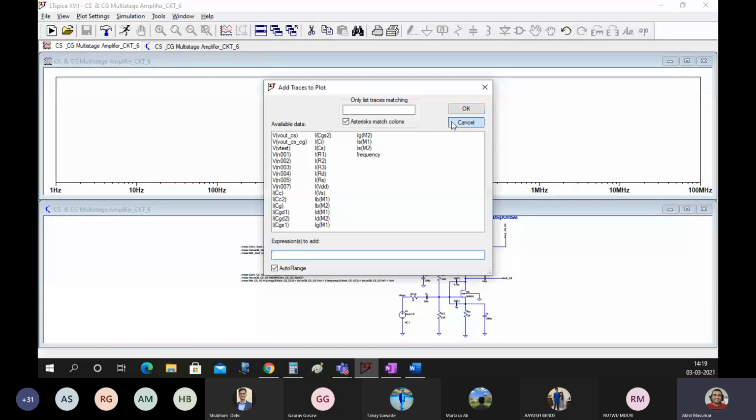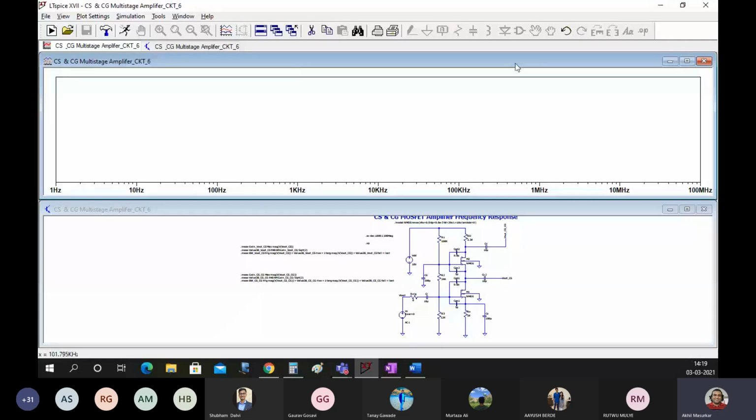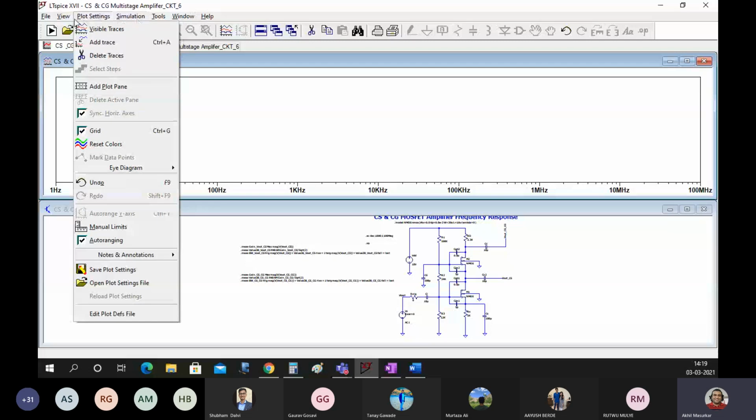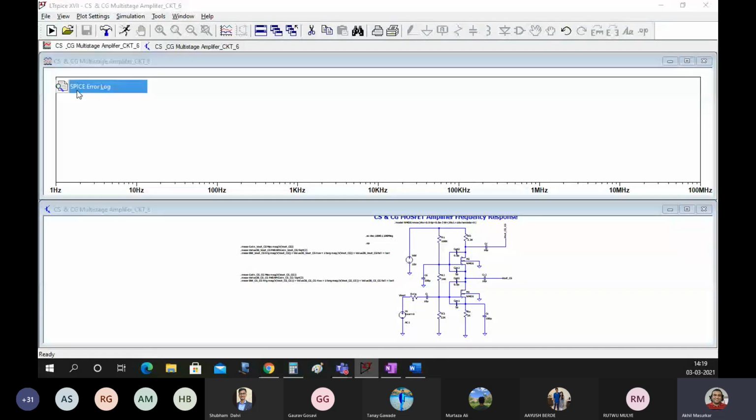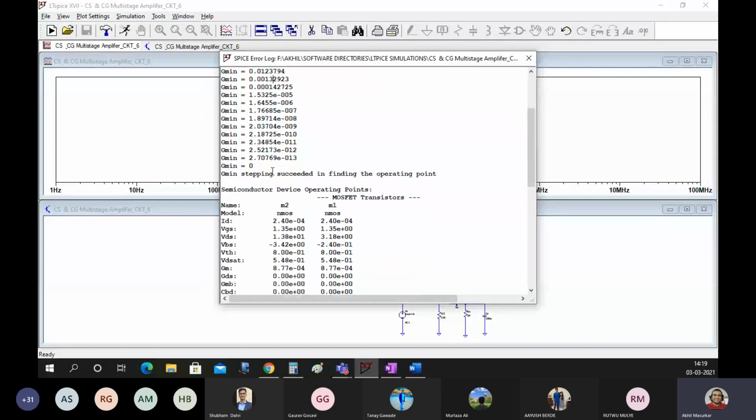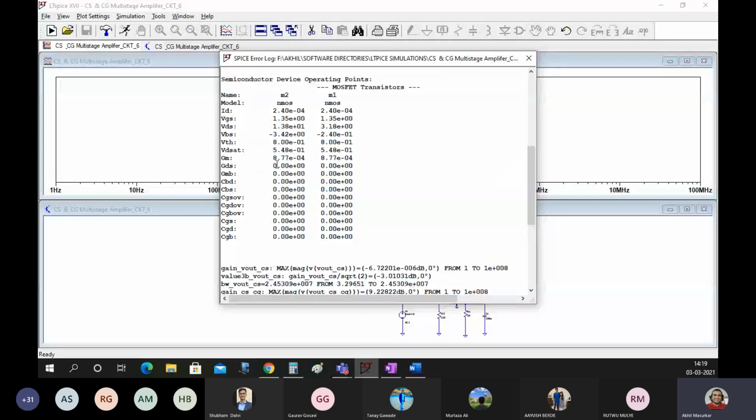In this SPICE error log, first you can see the values of gm. So values of gm are correct. Then ID is 2.4 milliamperes, that is also correct, 0.24 milliamperes. Then VGS is also correct, 1.35. The things are okay.